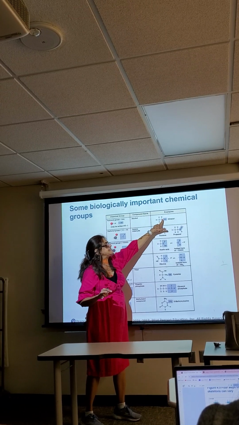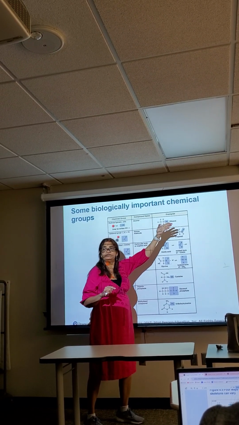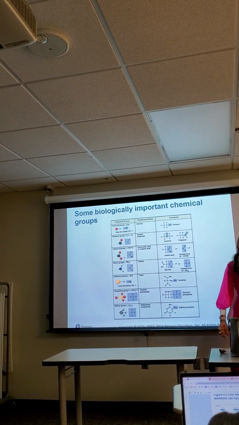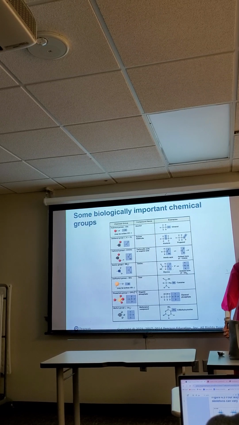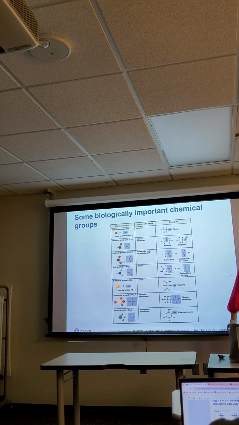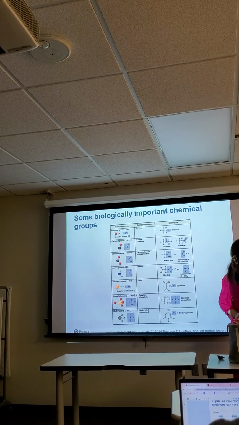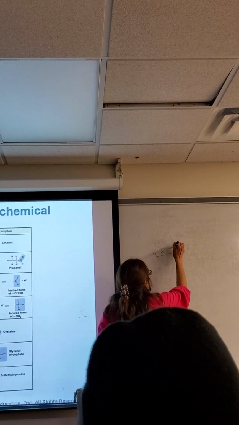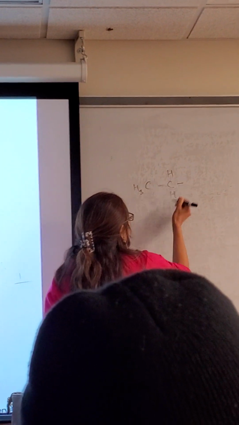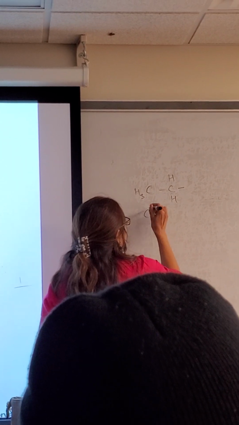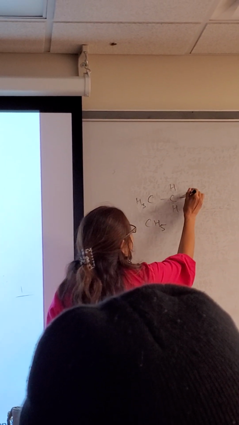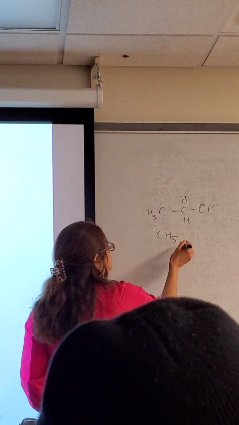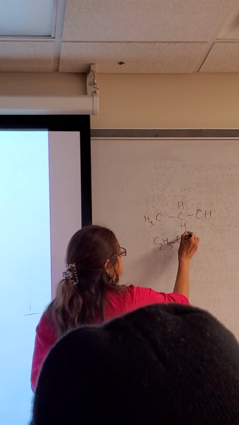So remember, you have ethane. What was the chemical formula for ethane? C2H6, which is CH3 and CH3. Now, if you remove one of these hydrogens, it becomes C2H5, and you add a hydroxyl group, OH.